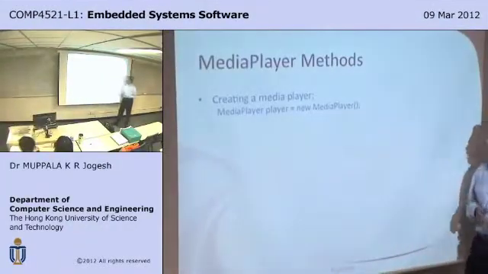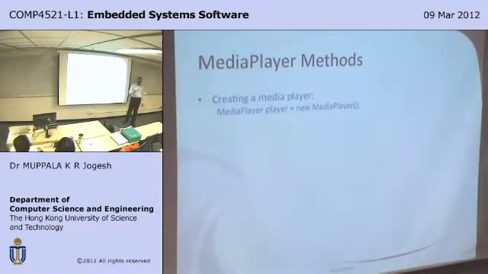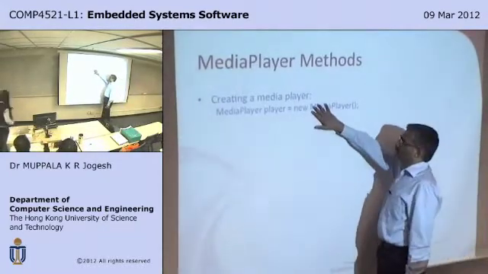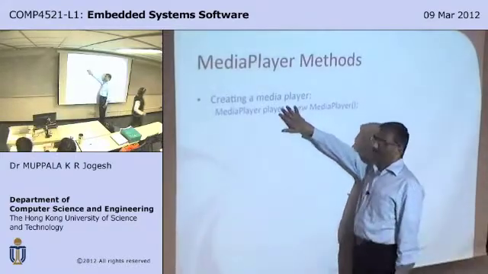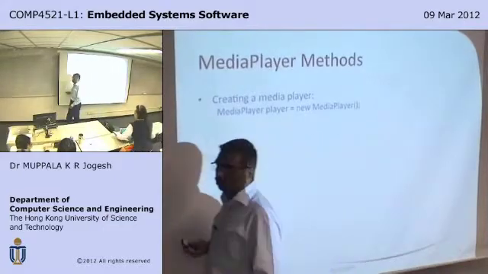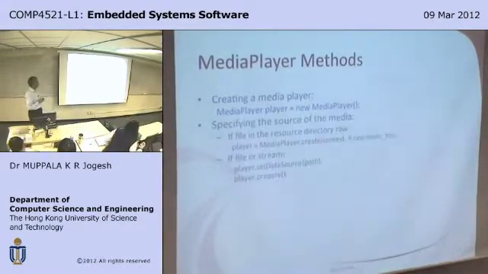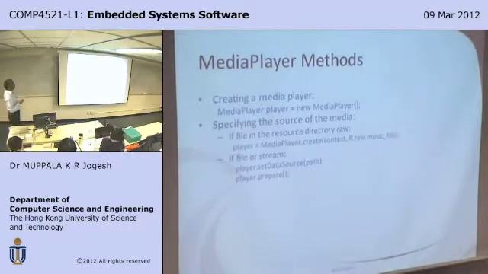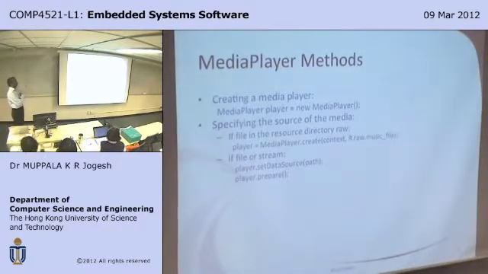So how do you create a media player? If you want to make use of media player within your code, you need to declare this media player variable within your code. So you have to create the media player. Then, once you create the media player, you need to specify the source of the actual data that is being used for the media playback.